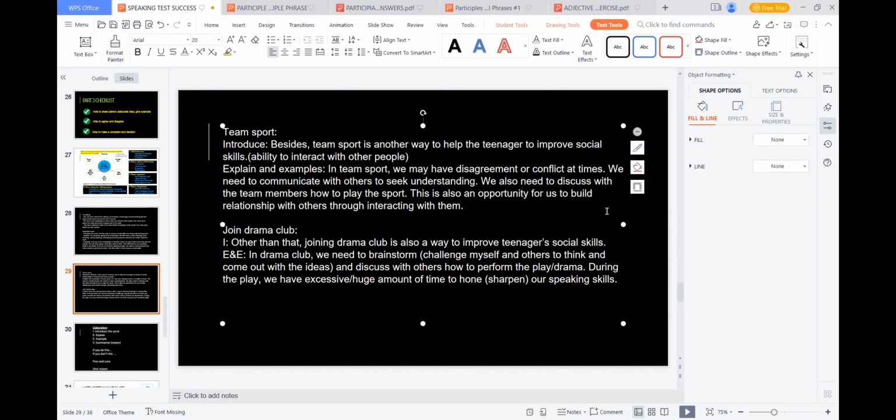So can you try this part? Other than that, joining drama club is also a way to improve teenagers' social skills. In drama club, we need to brainstorm and discuss with others how to perform the play or the drama.